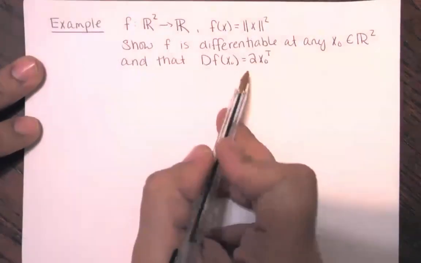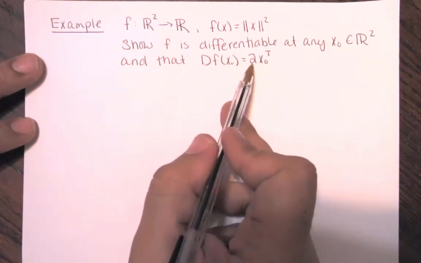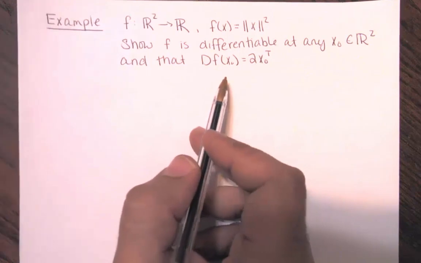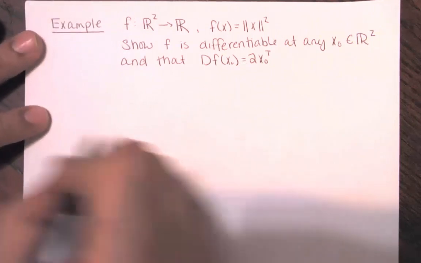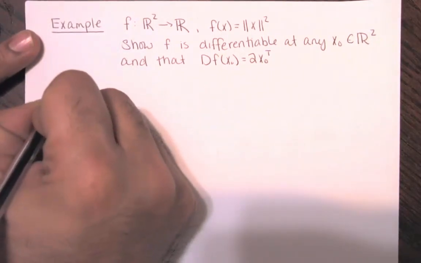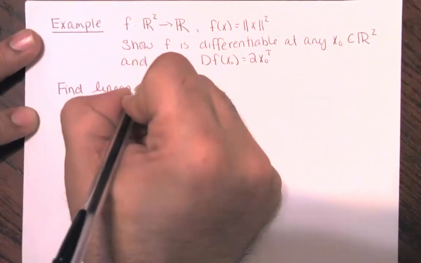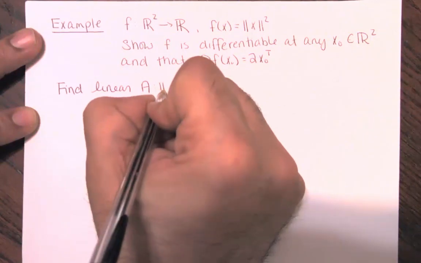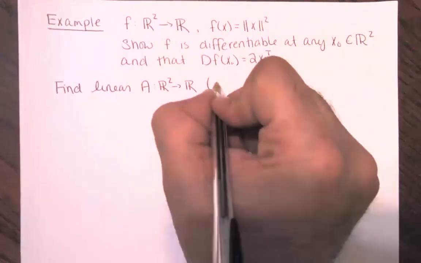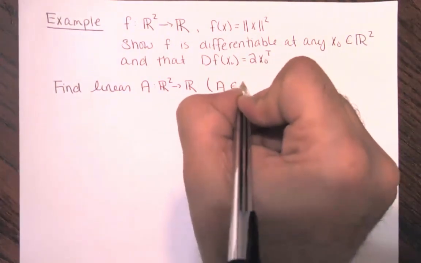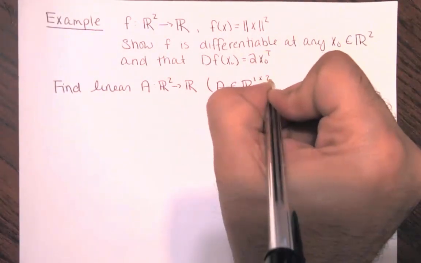Now, suppose we didn't know that this would be the derivative. It'd be straightforward just to drop this into the limit definition and show the limit is equal to 0. But let's try and give an idea of where this comes from. All right, we want to find a linear map A that maps R2 to R, which is to say that I can represent A by a matrix of size 1 by 2.